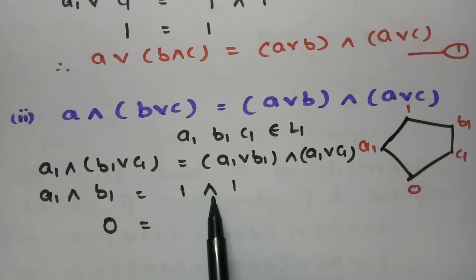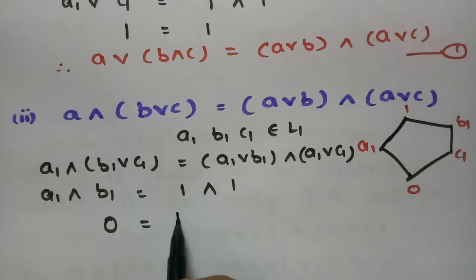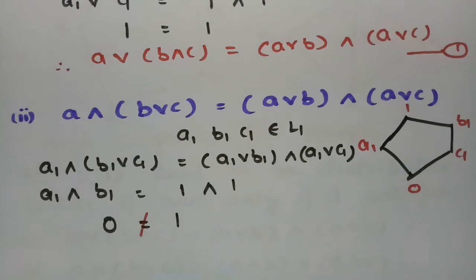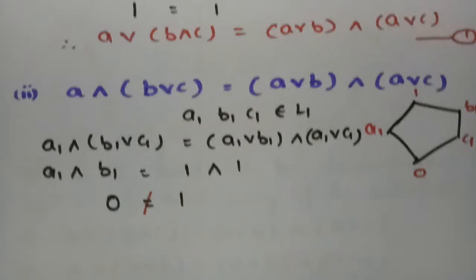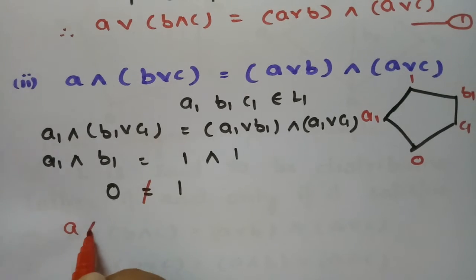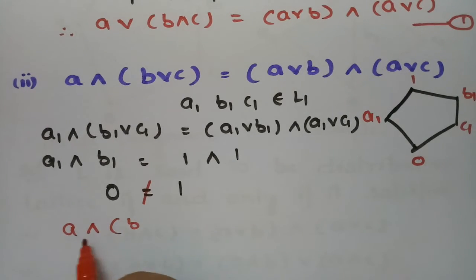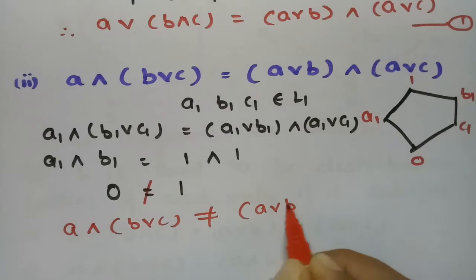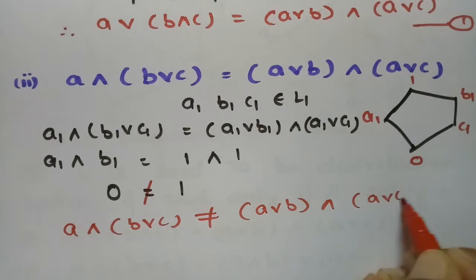Meet is nothing but the greatest lower bound, so the lower bound is nothing but 0. So 0 never equals 1. Therefore, we say that the second distributive law, that is A meet (B join C), is not equal to (A meet B) join (A meet C).